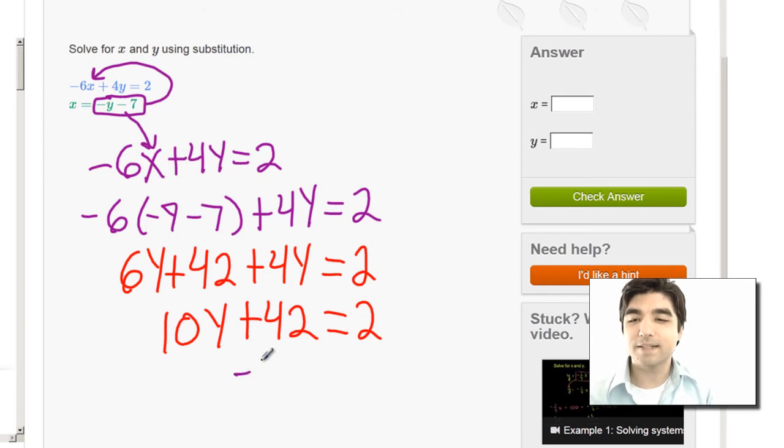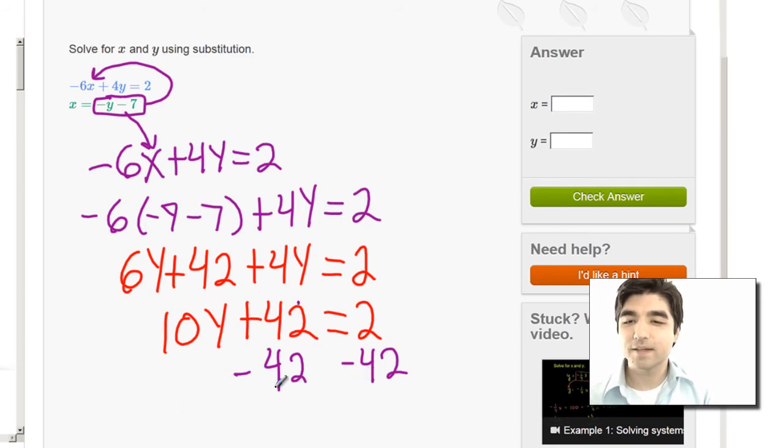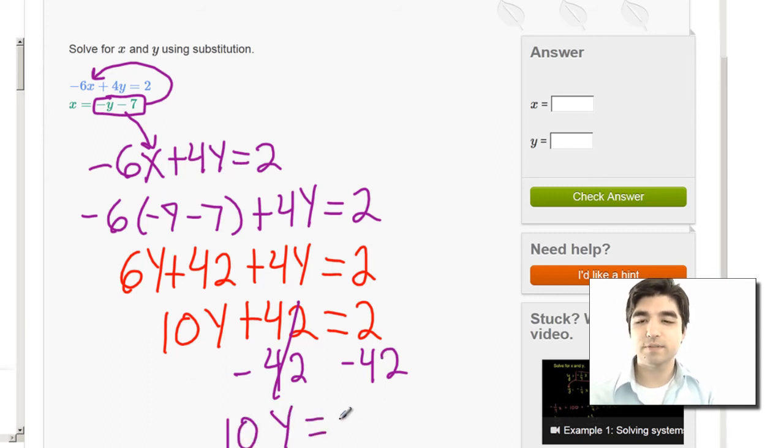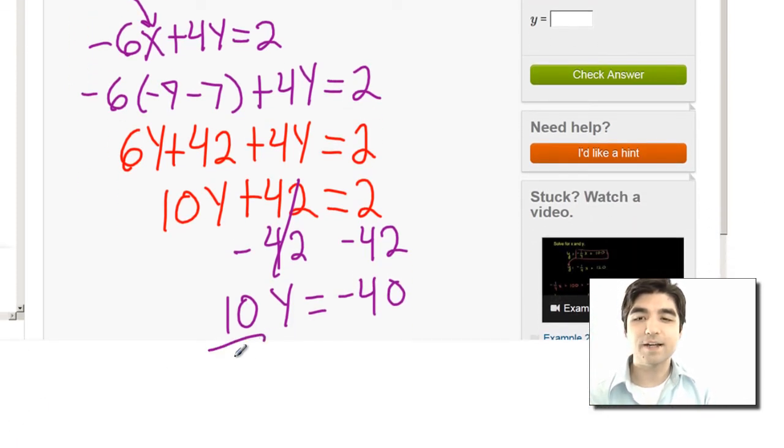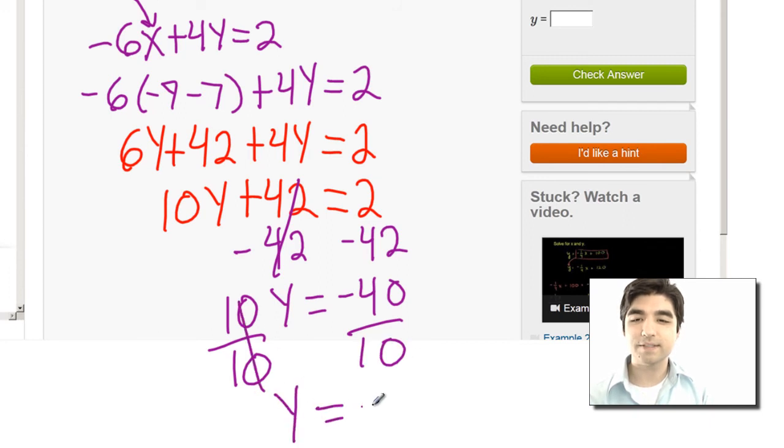Then we subtract 42 from both sides, so that crosses out. Then we got 10y equals 2 minus 42 equals negative 40. Then we divide by 10, and y equals negative 4.